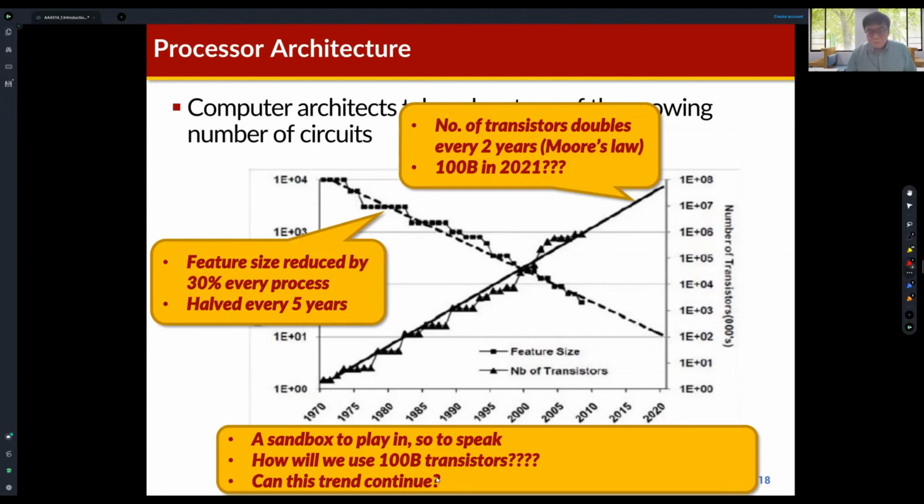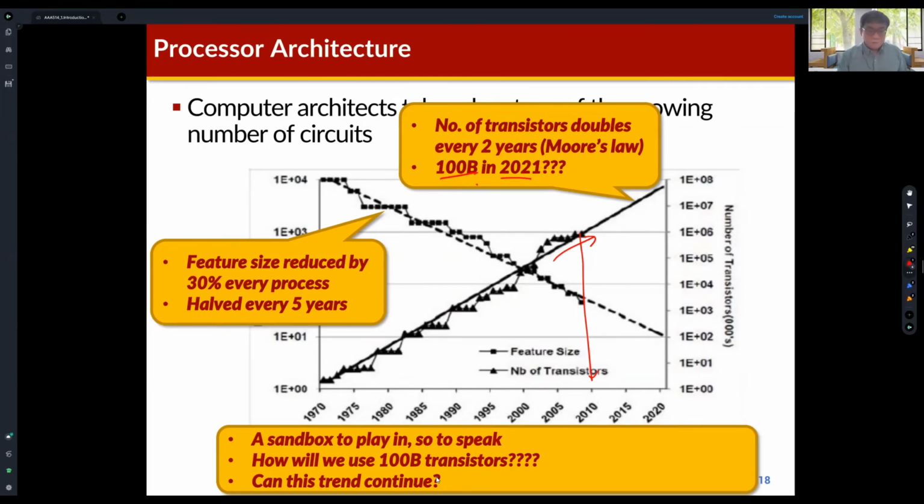So if this trend of Moore's law continues, we are living in 2022, but it's just an expectation because it's some old data, we can reach 100 billion transistors in 2021. So is it possible?